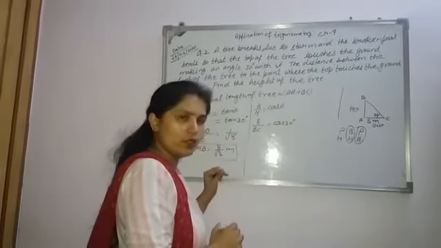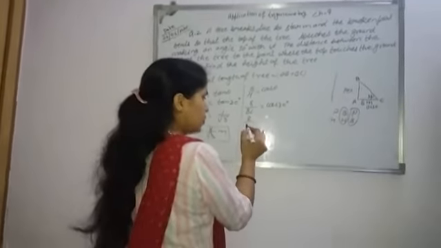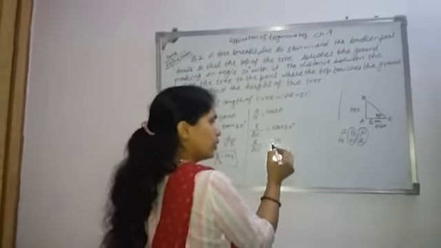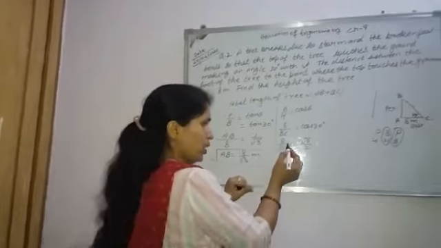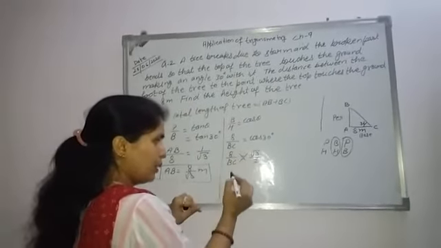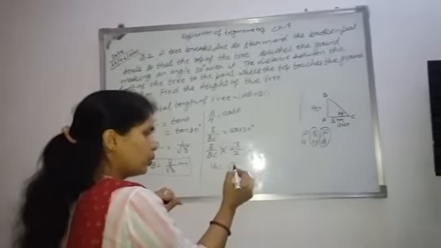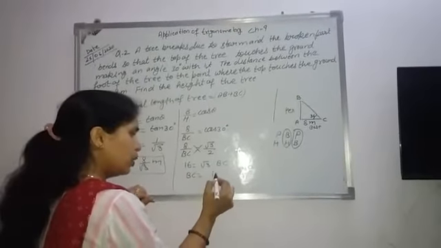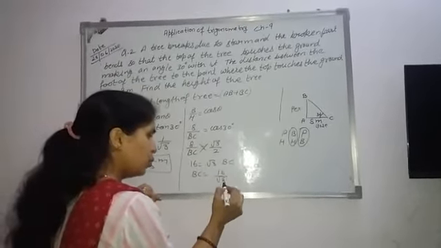Now what is the value of cos 30? 8 divided by BC equal to cos 30, whose value is root 3 divided by 2. Now when we apply cross multiplication, root 3 times BC, and BC will be equal to 16 divided by root 3.